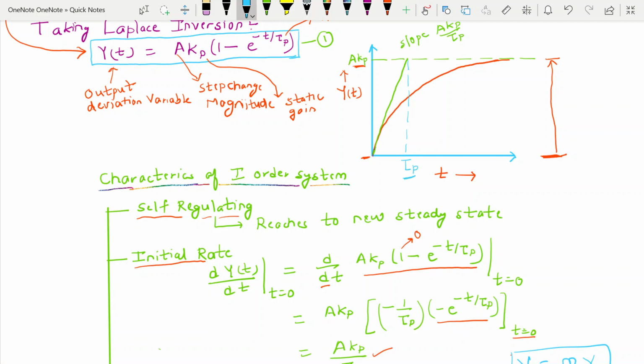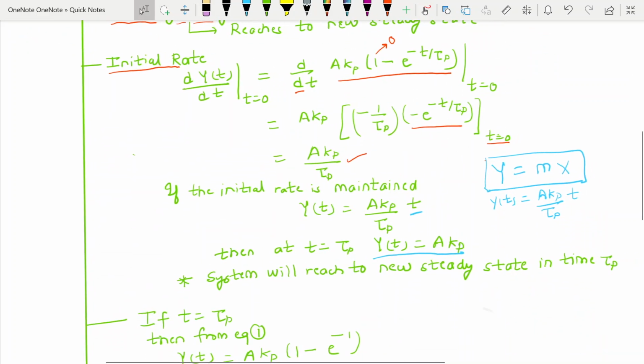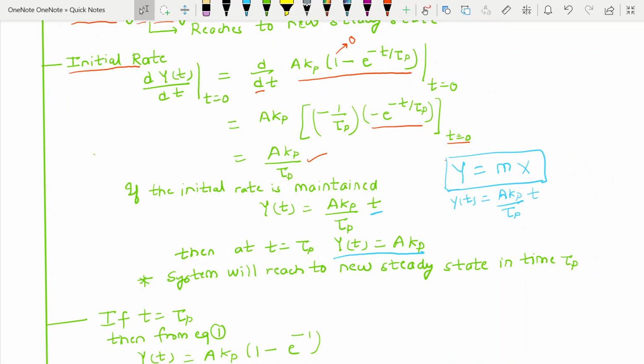So at time tau p, if I kept the initial rate of response constant, then at time tau p I will reach the steady state akp. Or I can say the system will reach a new steady state in time tau p if the initial rate is maintained constant.